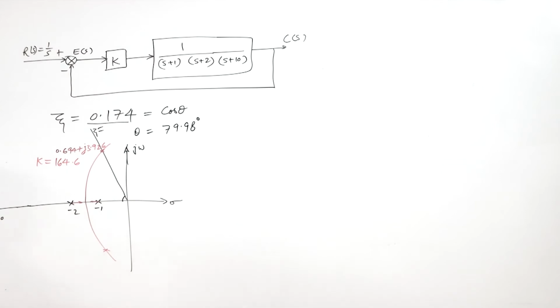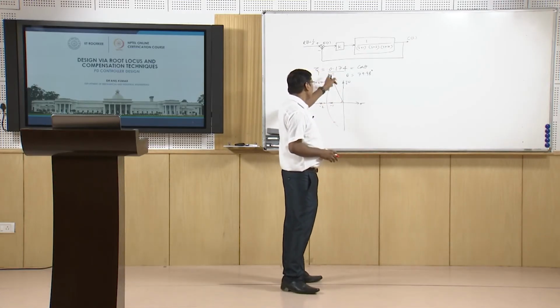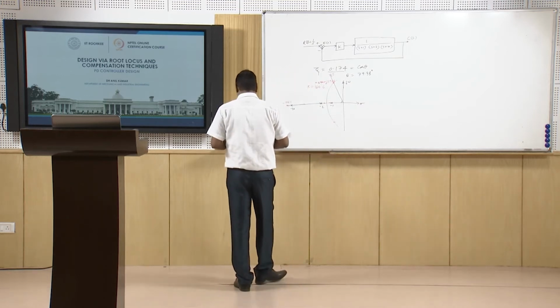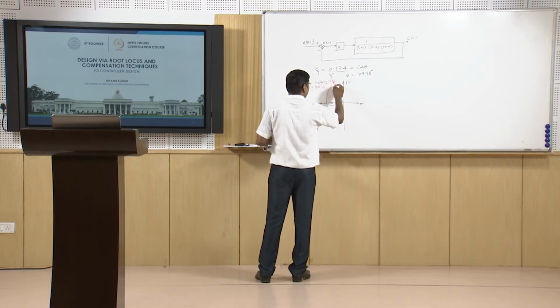So this is the uncompensated system where we get this point on the damping line that satisfies the transient response conditions. Let's call this point A.